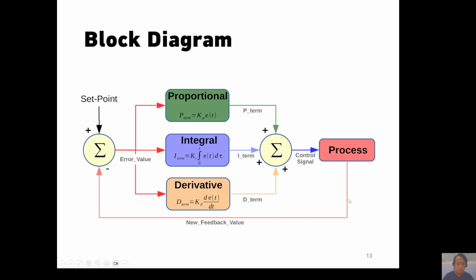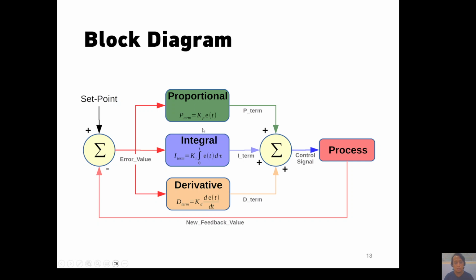After computing from the feedback, we can get an error value. And this is the PID controller.